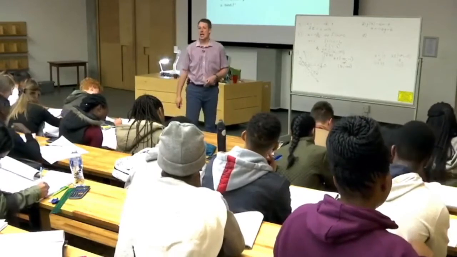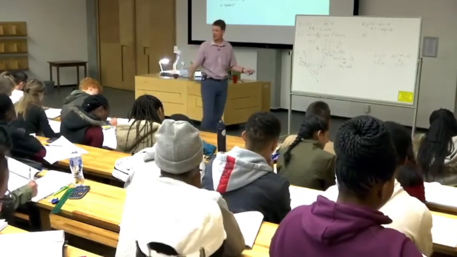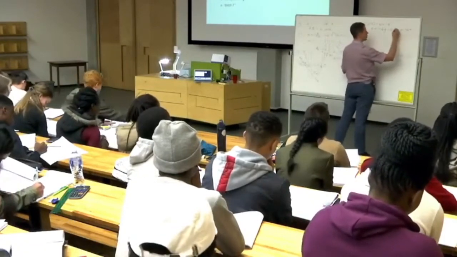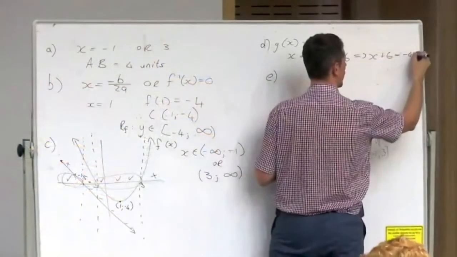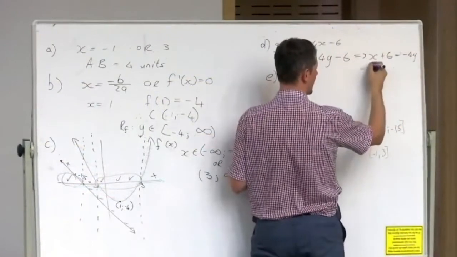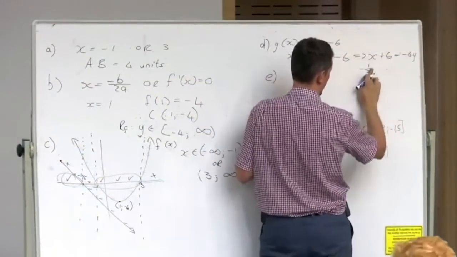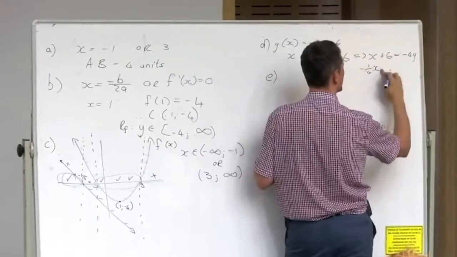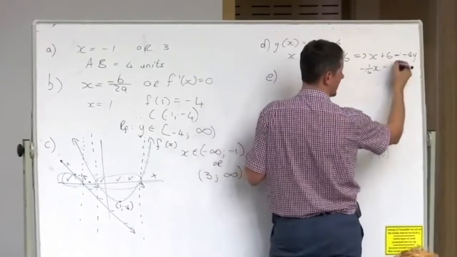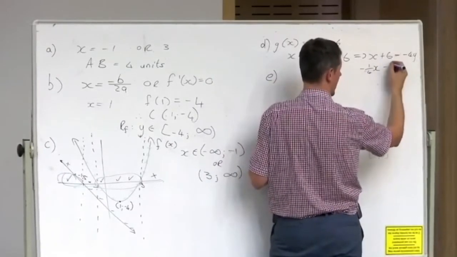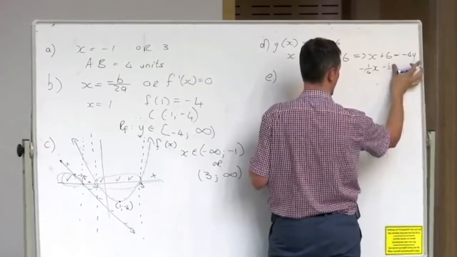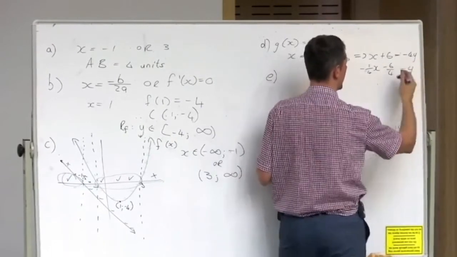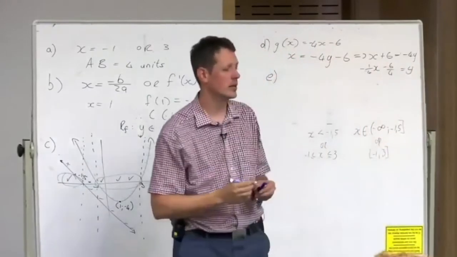Okay. If I had to get y alone, then I go x plus 6 is equal to negative 4y, and I divide by negative 4. I write each of them over 4, so I'm going to go negative 6 over 4 equal to y, which I could simplify.